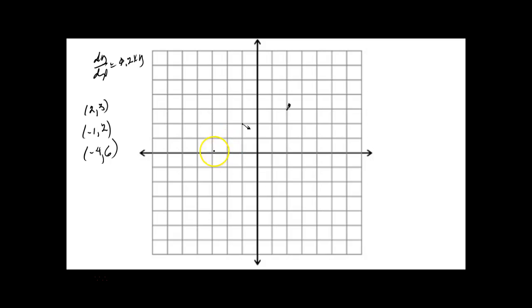I'll find it. -4, 6. I think that's it right there. That's fairly steep negative, so somewhere about like that. I don't know if I'm right, but just get a general idea.